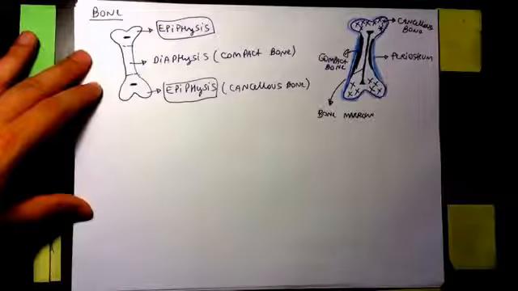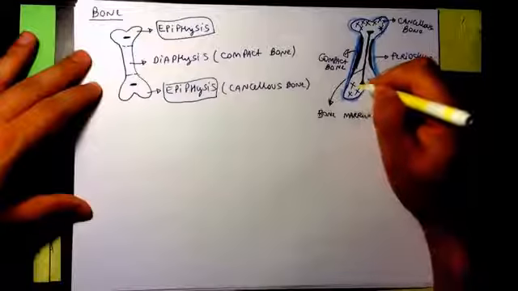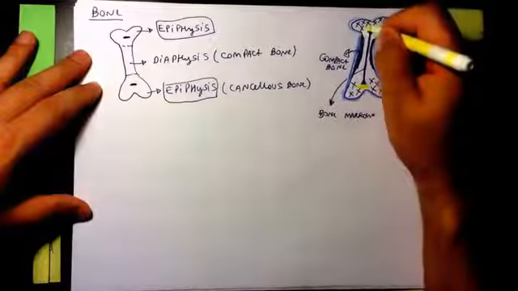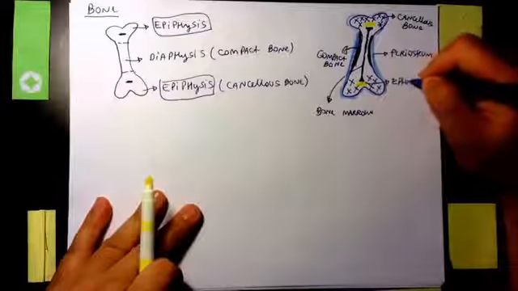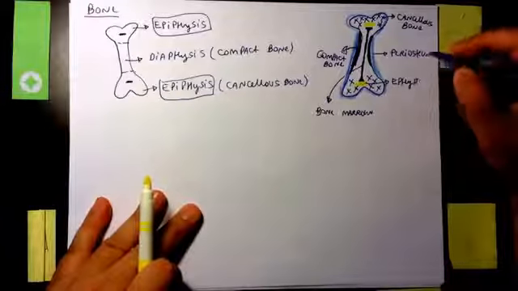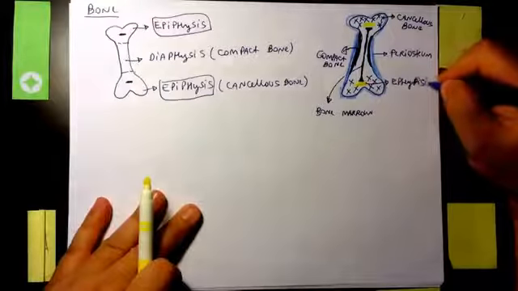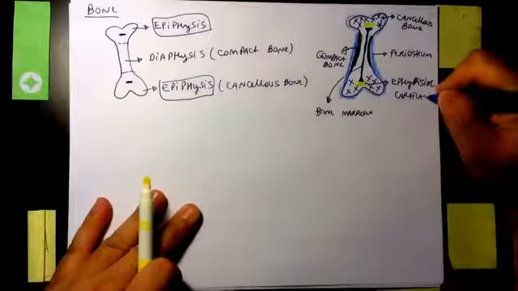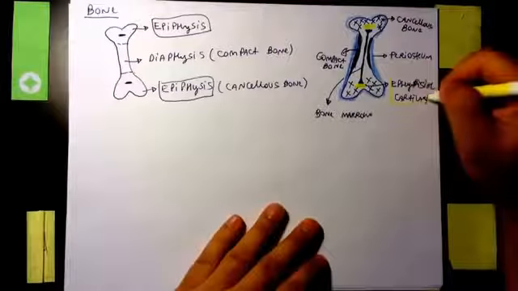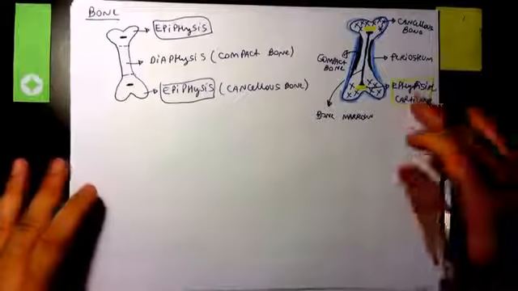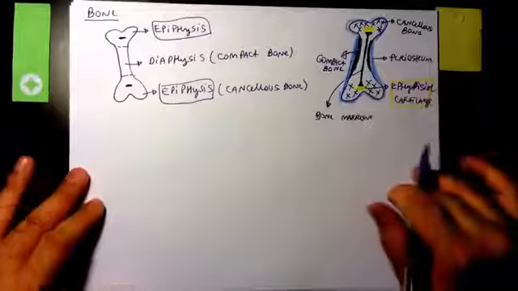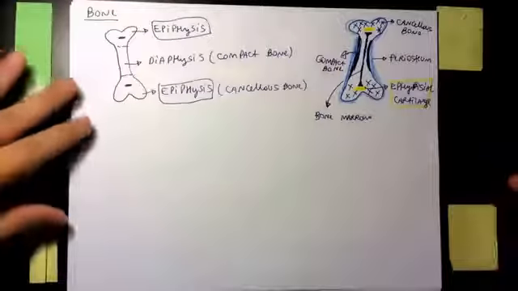And remember, I told you we have a structure over there, an epiphyseal cartilage over here, and one over here that's gonna promote growth. And that's basically the anatomy that we need to know about bone.